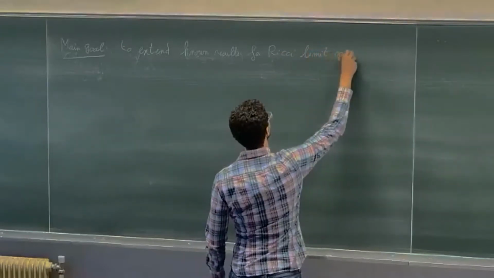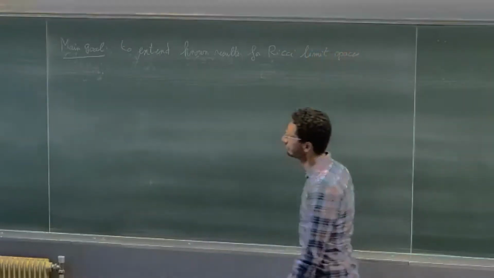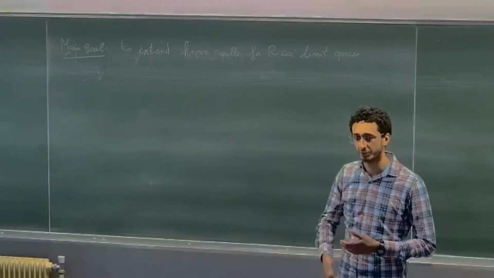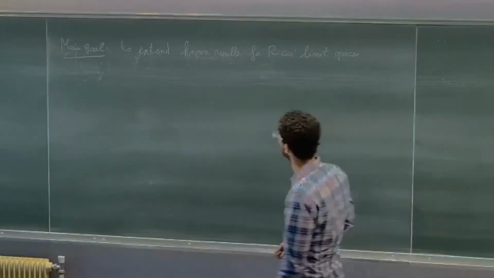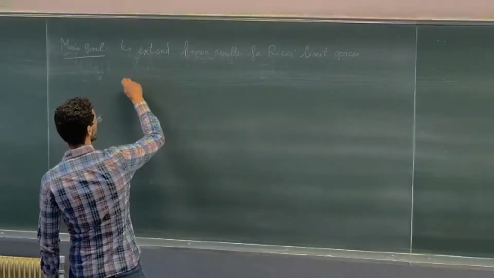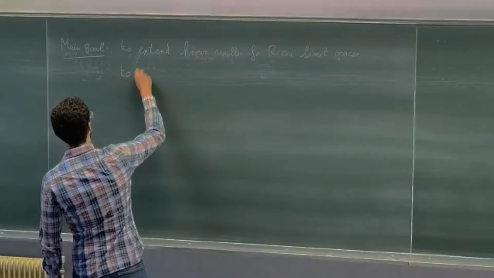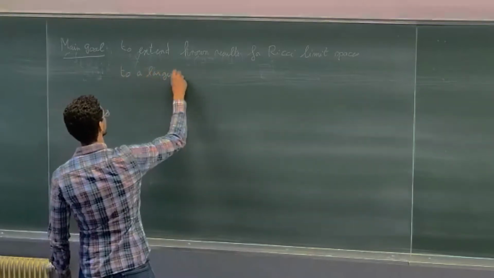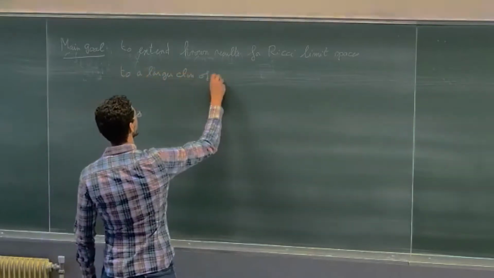By Ricci limit spaces, I mean limits of Riemannian manifolds with a uniform lower bound on the Ricci curvature. So we want to extend known results by Cheeger and Colding to a larger class of limits.